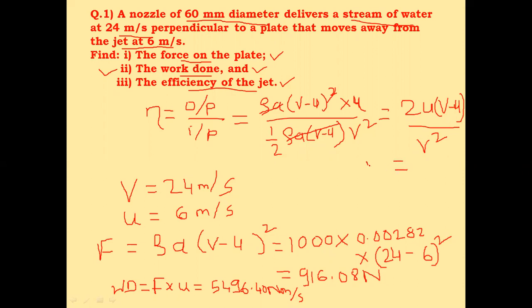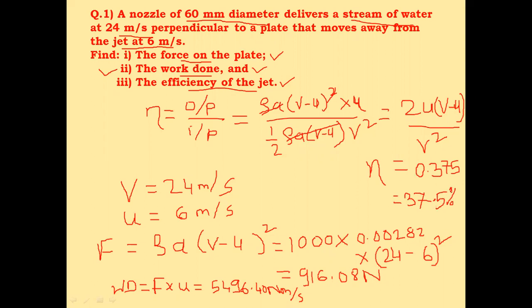So what is the efficiency? 0.375 is the efficiency, or in terms of percentage it will be 37.5%.